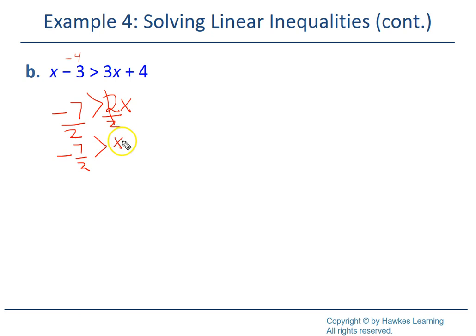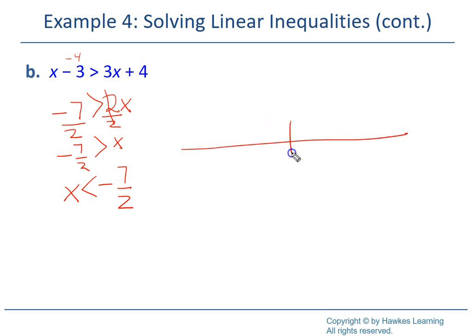Now, it's not a good idea to leave the x there. Most students have trouble graphing this, so I would suggest you rewrite it. So the x goes on the left. Now notice the inequality sign, the point is pointing toward the x. So when you rewrite it, you put the point toward the x, x is less than negative 7/2.